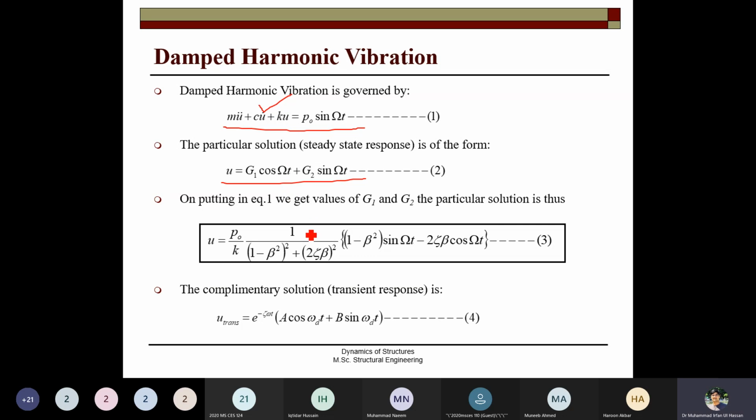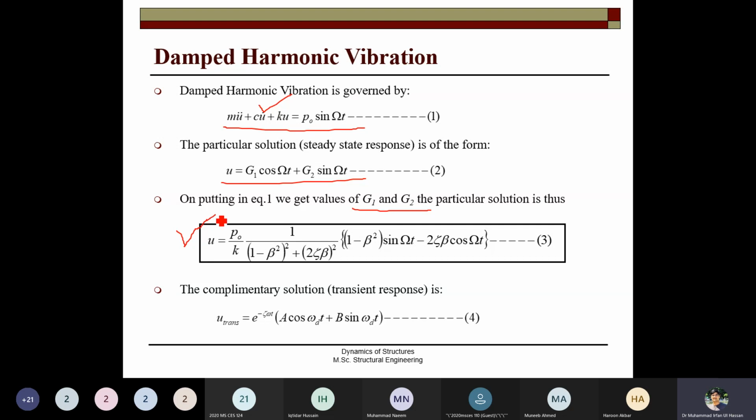So putting the value and taking the derivative, the solution of the system, the values of G1 and G2, and by putting the initial condition, taking the derivative, at the initial condition the values of U can be determined in this way.